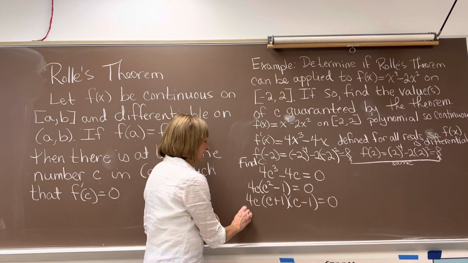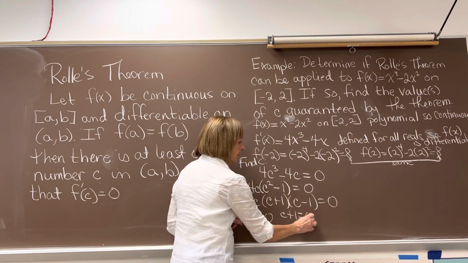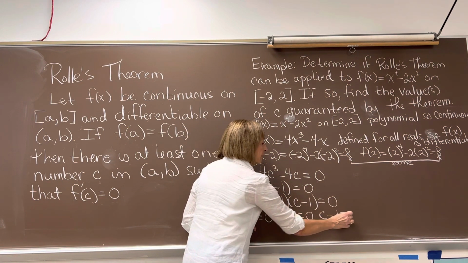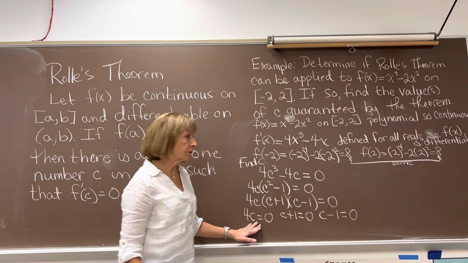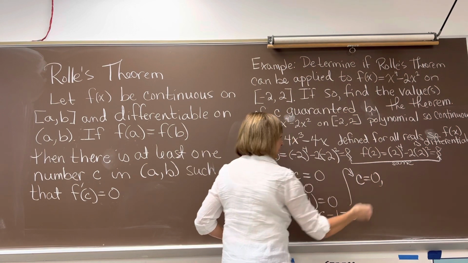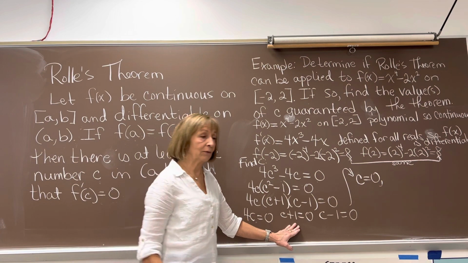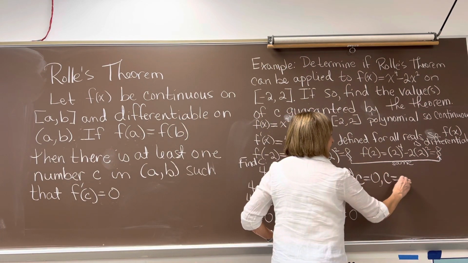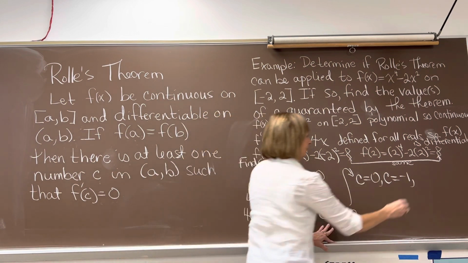So I have 4c equals 0, c plus 1 equals 0, c minus 1 equals 0. Divide both sides by 4, I get c equals 0. Subtract 1 from both sides, I get c equals -1. Add 1 to both sides, I get c equals 1.